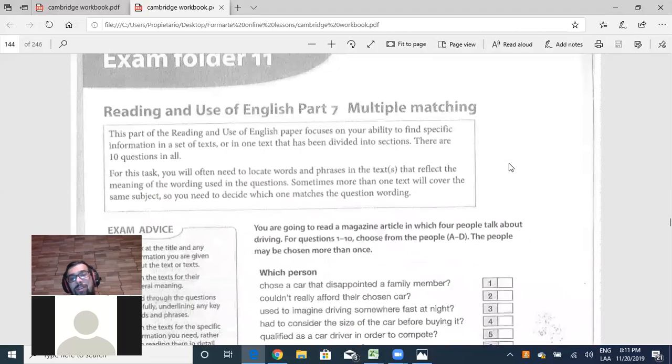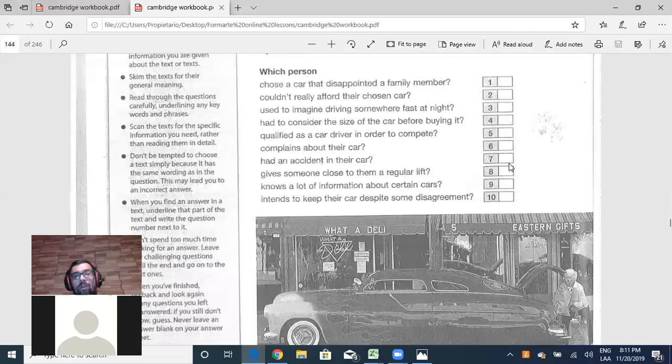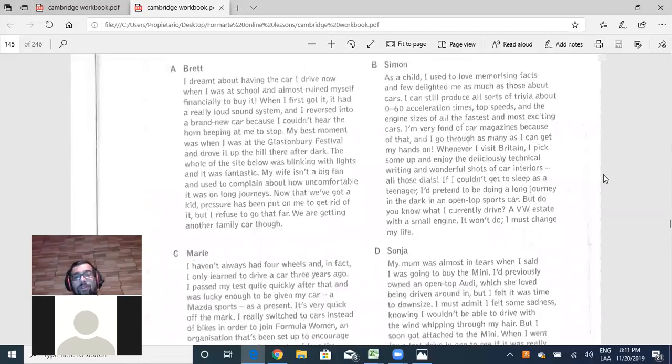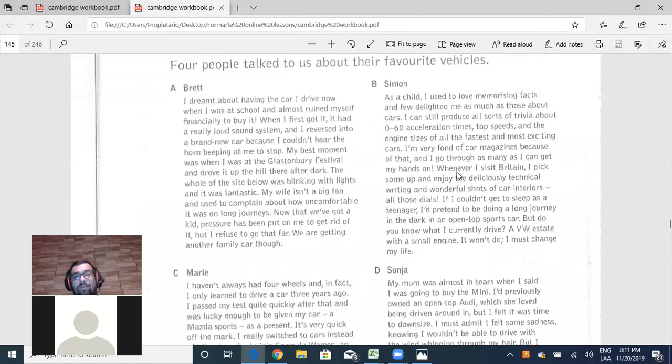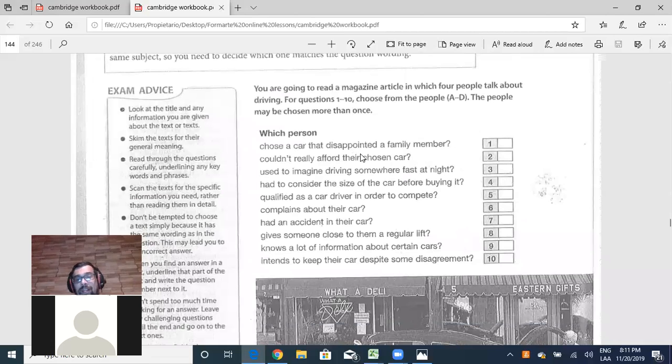I'm going to send you this in a picture because it's very important for us to practice this part. Remember when they give us four different people, and we need to know. This is the last part, part 7 of the reading and use of English test, and we just need to put here the letter of which person, for example, chose a card that disappointed a family member.